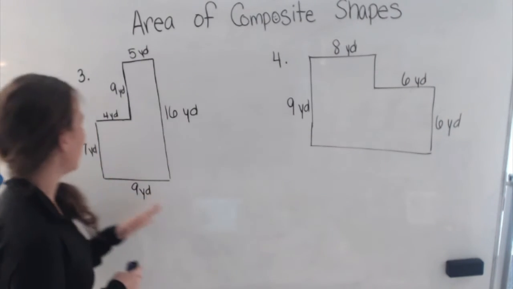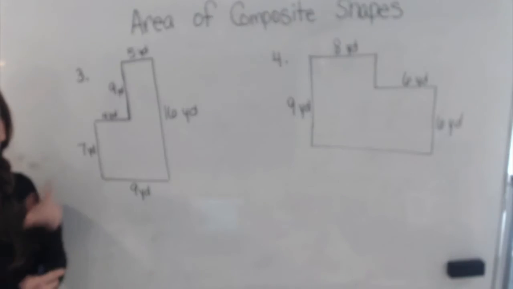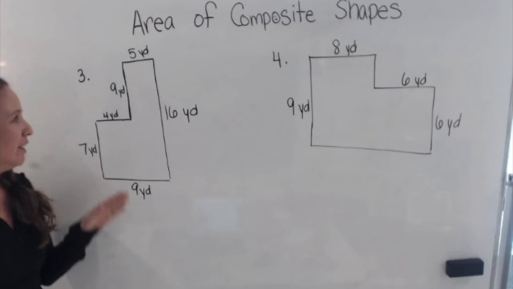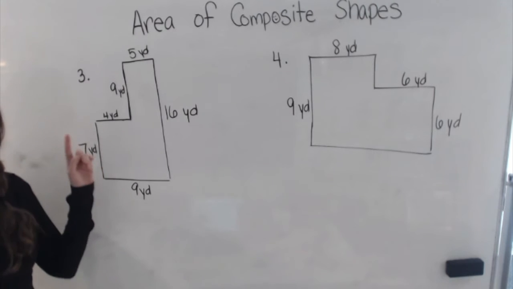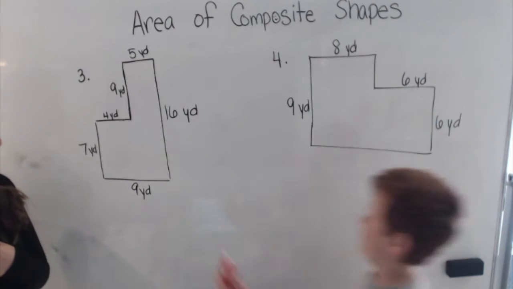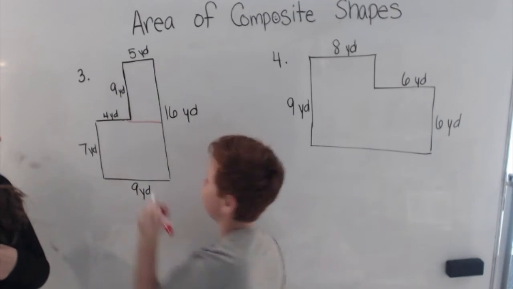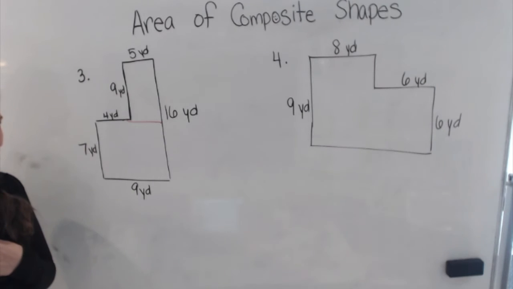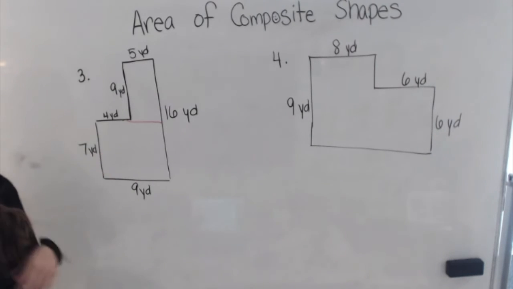Now, let's look at this rectangle over here. Where would you draw a line to separate this as 2 different rectangles that we can figure out the area? Oh, looks like I had a volunteer help me out on that one. So yeah, you could have drawn your line there.